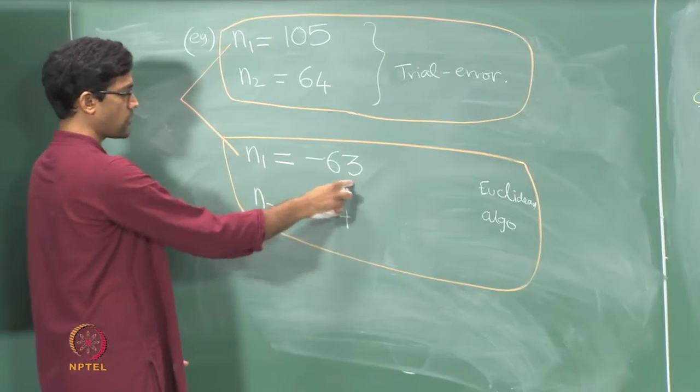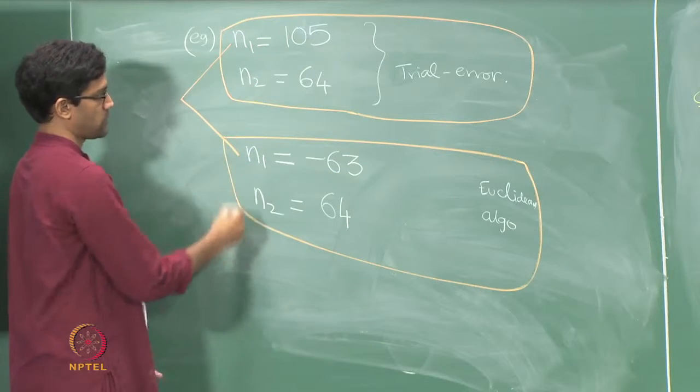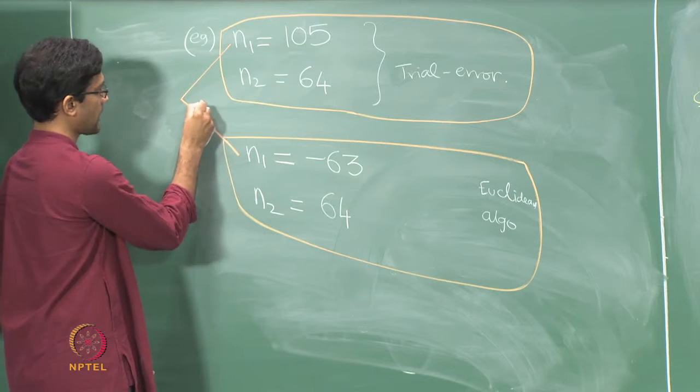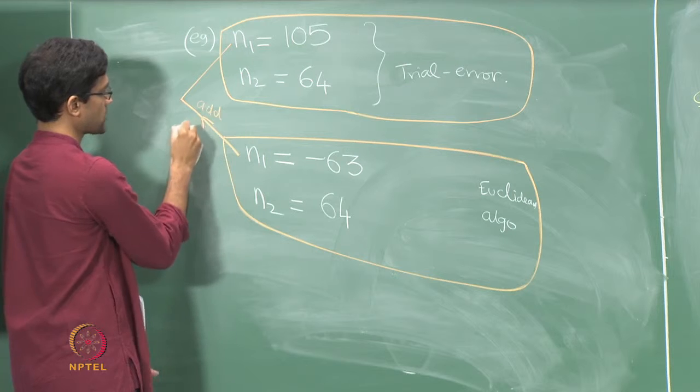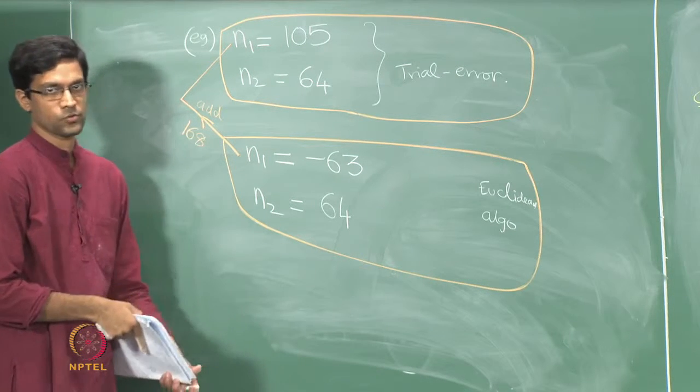So minus 63, you add 168 to it, that's exactly going to give you plus 105. So how do you go from this Euclidean solution to the trial and error solution? Well, you just add 168, and that's of course something we know you can always do.